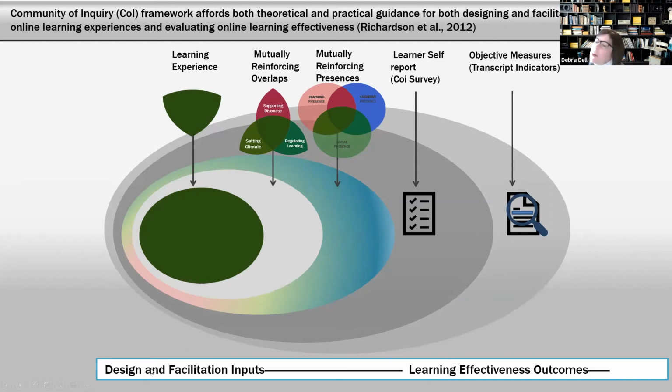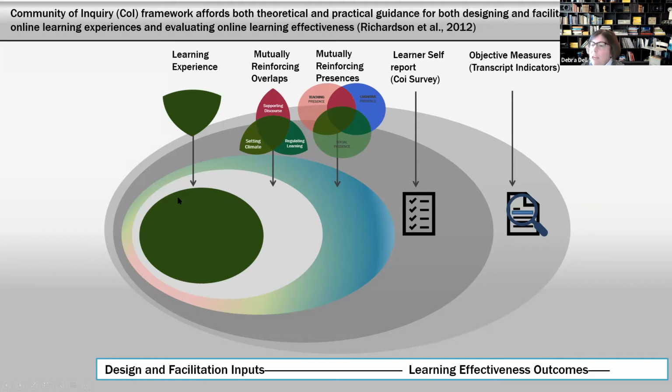And for me, when I was able to pull it apart and look at it this way, it helped me to make much more sense of it, rather than thinking about how would people get to the point of having teaching, social and cognitive presence in the environment. Well, how they would get there is from the mutually reinforcing overlaps in the center.